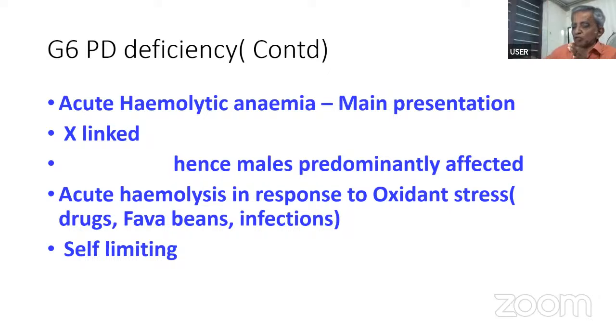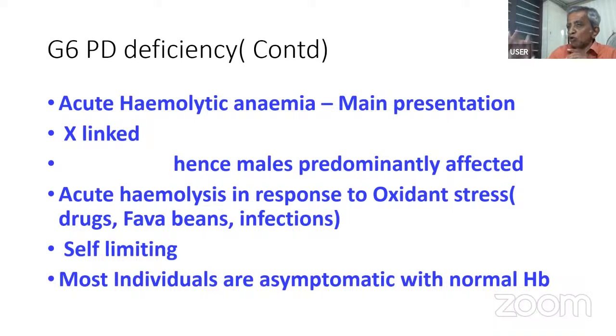You get a spurt of hemolysis when you take a drug or when there is an infection. After that, it is quiescent for years together, nothing will happen. So self-limiting. It will not go on for years together with chronic anemia. Most individuals are often asymptomatic with normal hemoglobin. So normal hemoglobin 14 grams, suddenly it falls down to 6 grams.